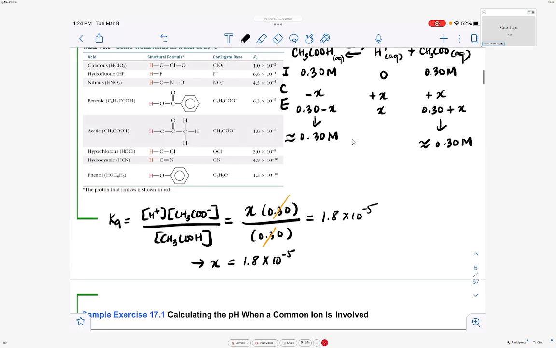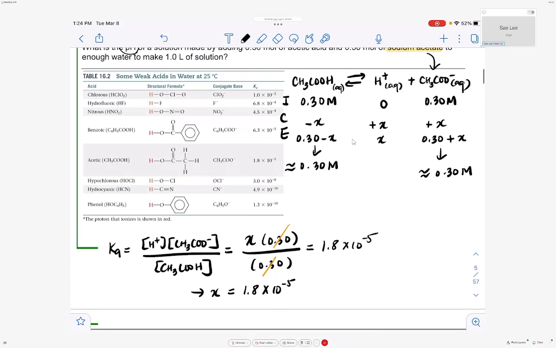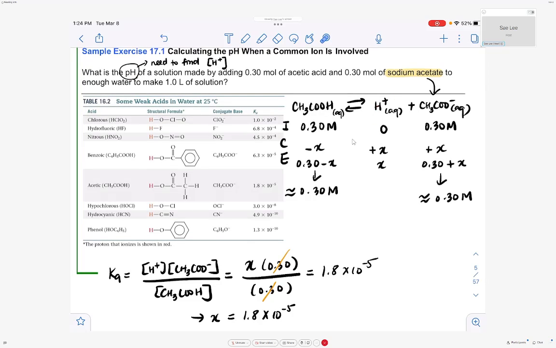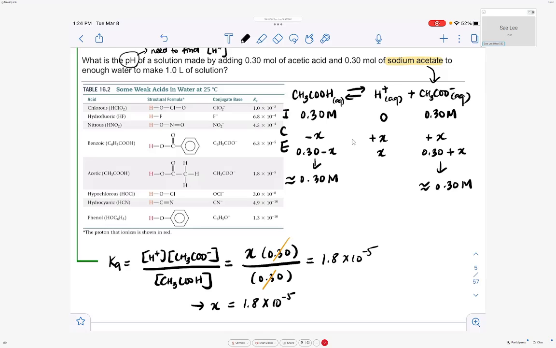Now, what is X? X is a proton concentration, right? The whole purpose of this question was to find the pH of the solution. Now that we have proton concentration, can you find the pH? You just have to take the negative log of the concentration of proton.